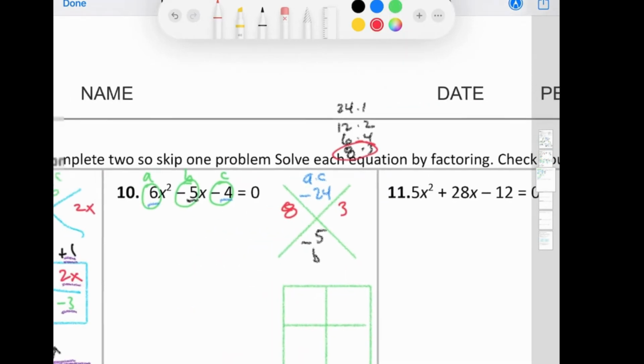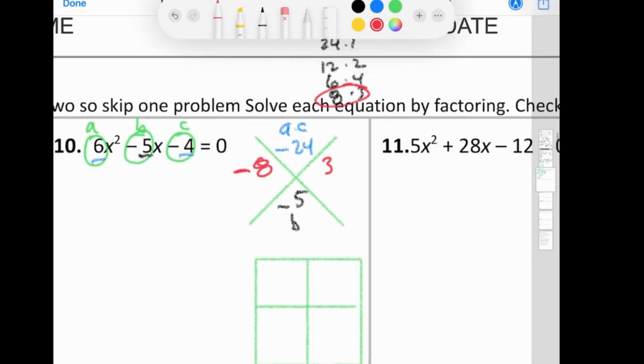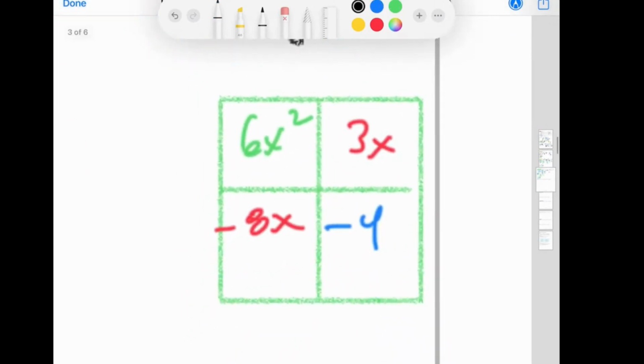Alright, what combination of positive and negatives here? This is going to be negative 8 times 3 is negative 24, and negative 8 plus 3 is negative 5. So my two numbers for my B value are going to be added. Top left 6x squared, and our negative 4. Let's take out the greatest common factor of the top row.